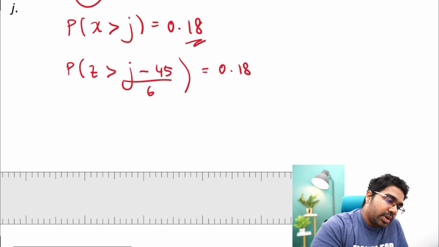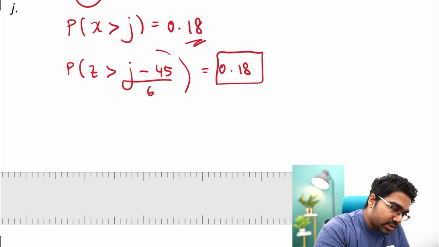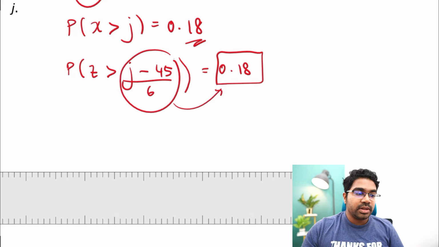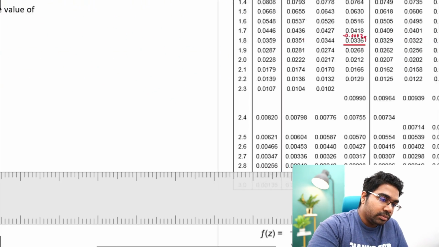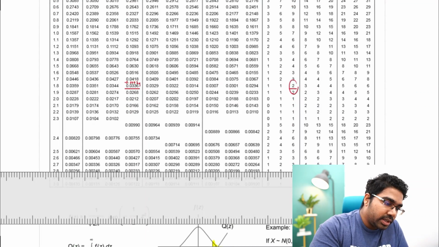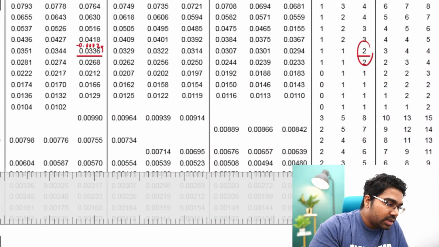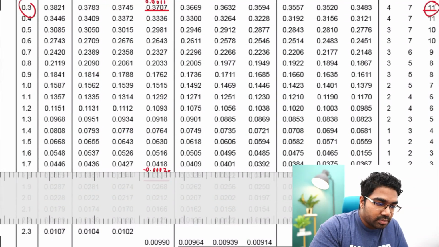So now 0.18 is the probability, is the area. We want to find the Z score that gives us a probability of 0.18. So now instead of looking at the Z score column, we need to look at the probability column and see which one will give us 0.18. So let's look for 0.18 here.